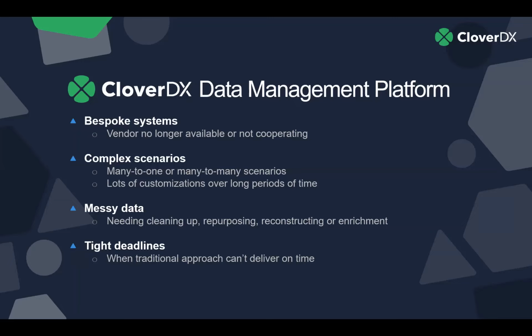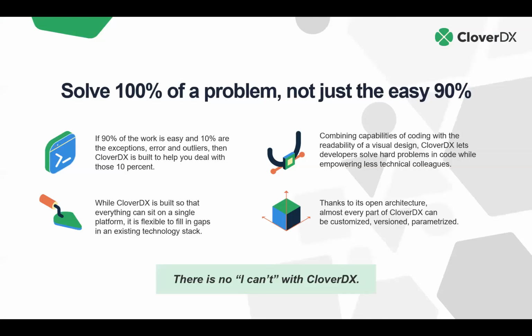That frequently is very useful when you are doing legacy migrations, because oftentimes you don't really have any vendor that can help you, and the system might be unsupported for years or no longer have internal knowledge about that. We can easily support complex scenarios with messy data, and the tight deadlines can often be accomplished by effectively using the automation that the tool allows you to.